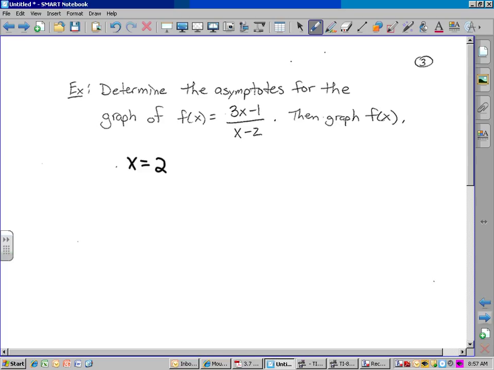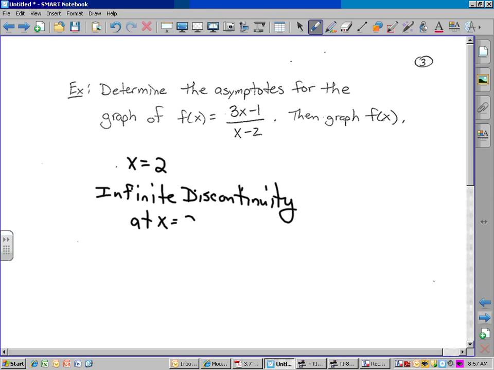Does the x minus 2 cancel with anything on top? No. So we can say there is an infinite discontinuity at x equals 2.